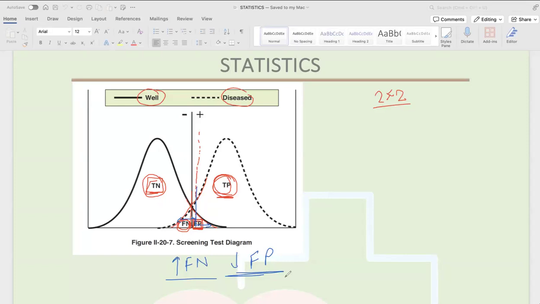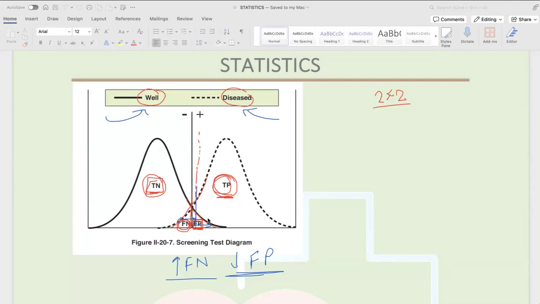Good. If you understand up to this, then think about it: sensitivity looks at the diseased people, and specificity looks at the healthy people, if you understood what we talked about in the 2 into 2 table.